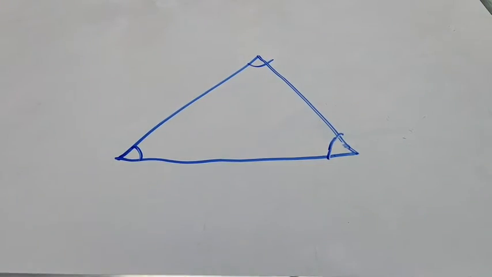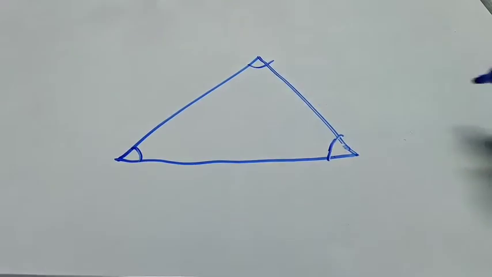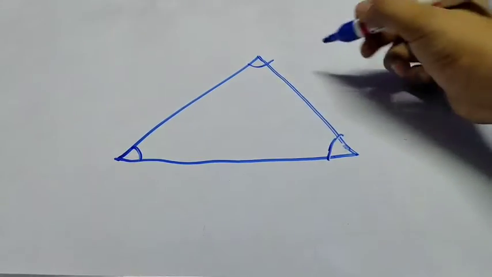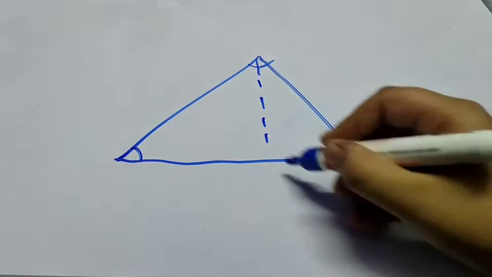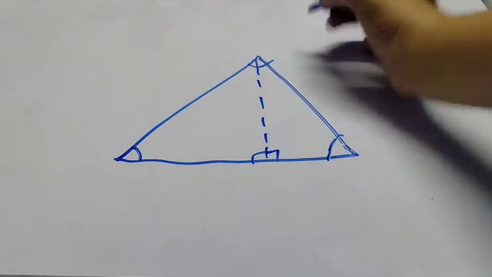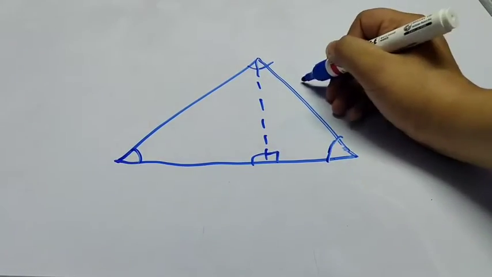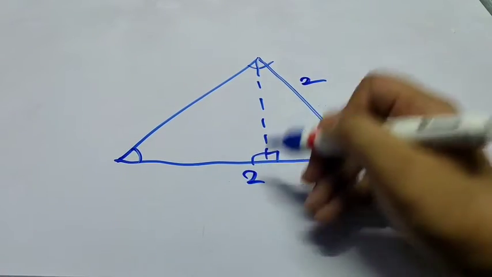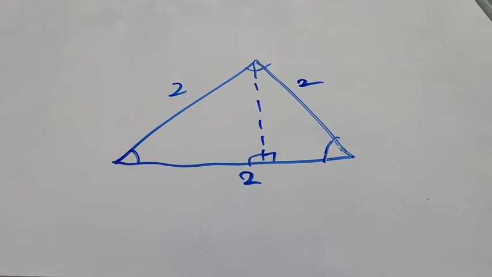This is the 60-60 triangle, and if you draw a perpendicular bisector here like this, these angles are 90. Now if we assume that the equilateral triangle has sides of 2 each, and then we divide it, what will we get now?